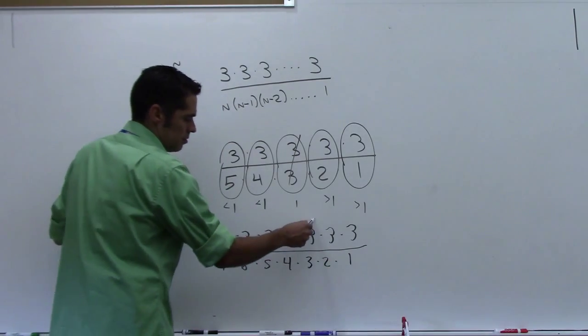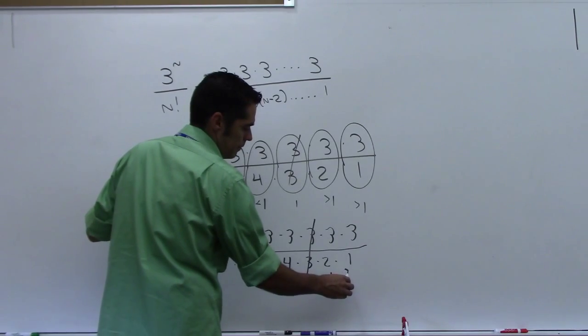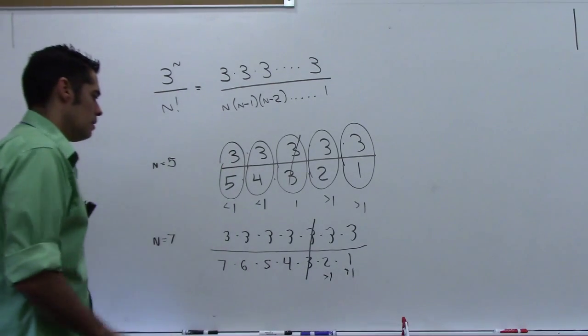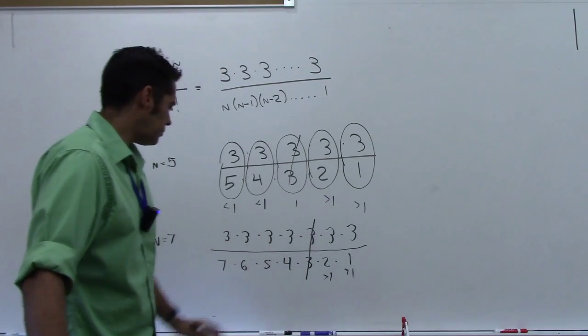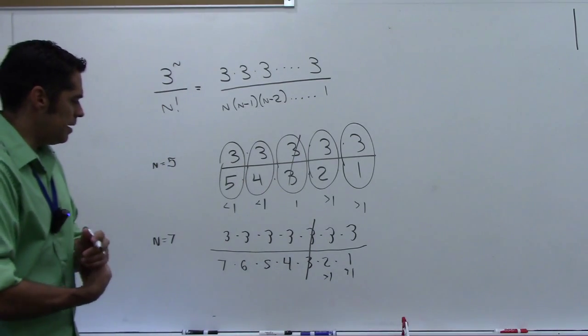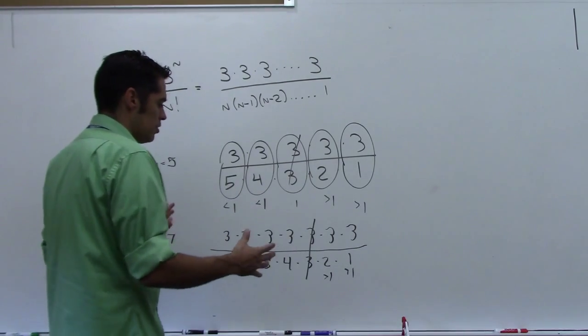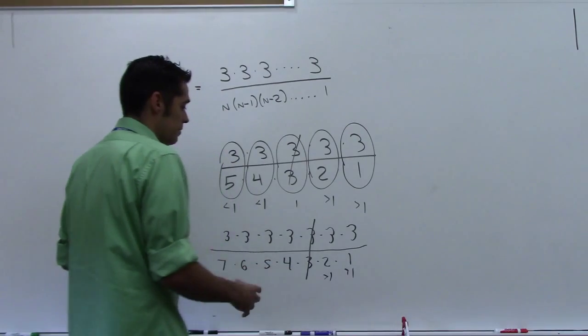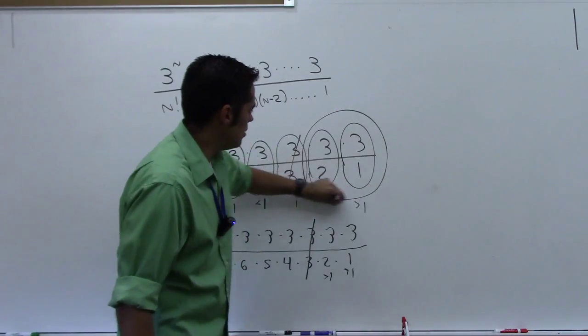So notice this is where we get the 3's to cancel. These two are greater than 1, right? But these are all less than 1. So what I'm going to do is almost like a squeeze theorem. I'm going to try and get this thing to be smaller than something.